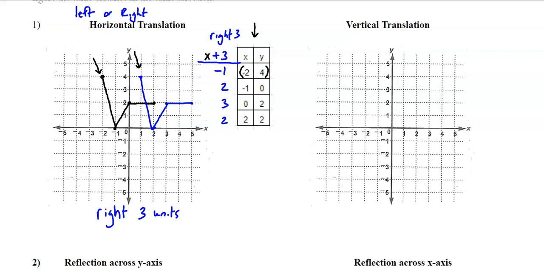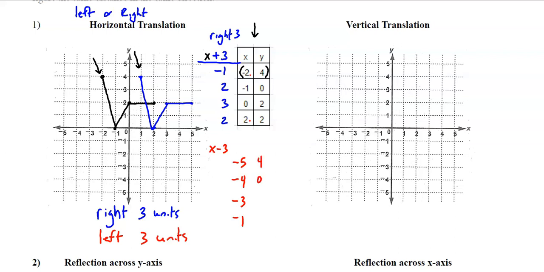Now, I'm not going to go through a whole other example, but if we wanted to move left 3 units, I could just take those x values and subtract 3 from them. So every x value, I would subtract 3. So looking at my original table, -2 subtract 3 would put me here, subtract 3 would put me there, subtract 3 would put me here, subtract 3 would put me there.